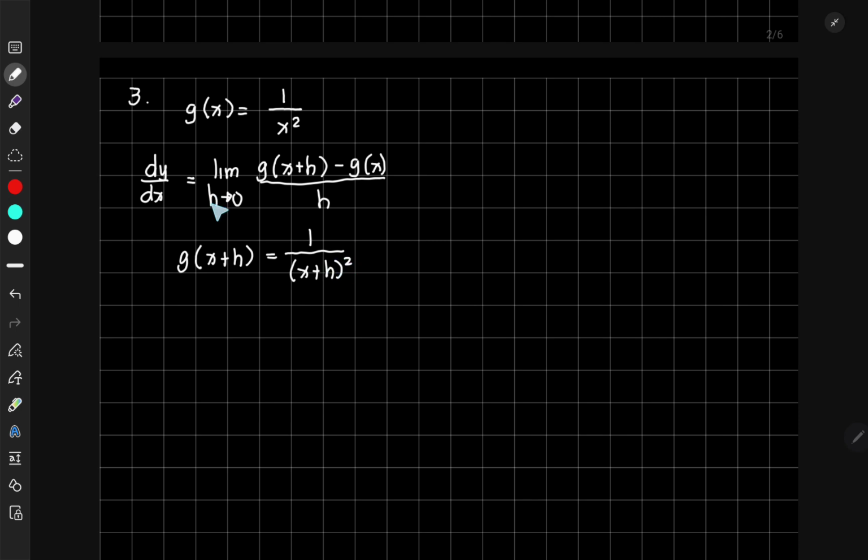We substitute it here. So we get g prime of x, the first derivative of g of x, which is equal to 1 over x plus h squared, minus g of x, which is 1 over x squared, all over h. Again, you also have to write the limit.